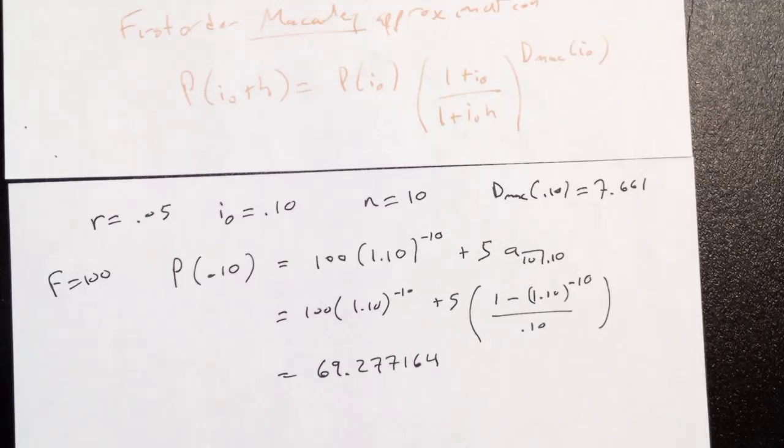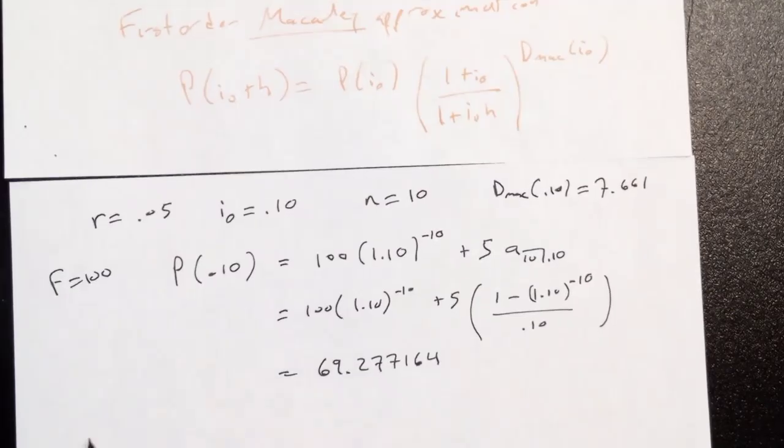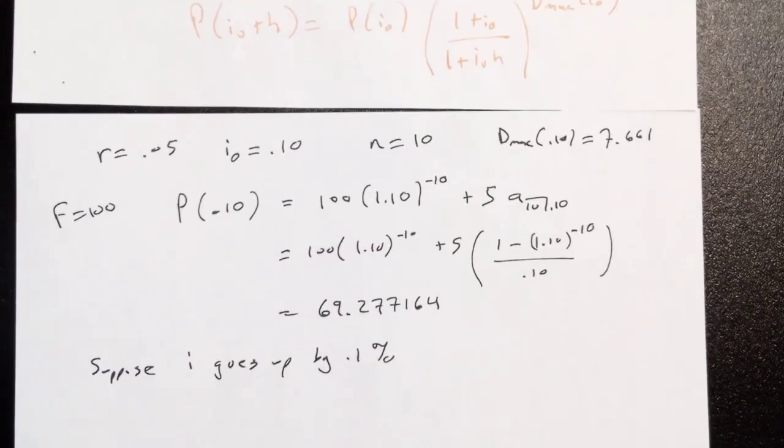Now, since this is a straightforward coupon bond, I could just calculate what happens if the interest rate changes. Suppose I goes up by 0.1%. So interest rates go up 0.1%.